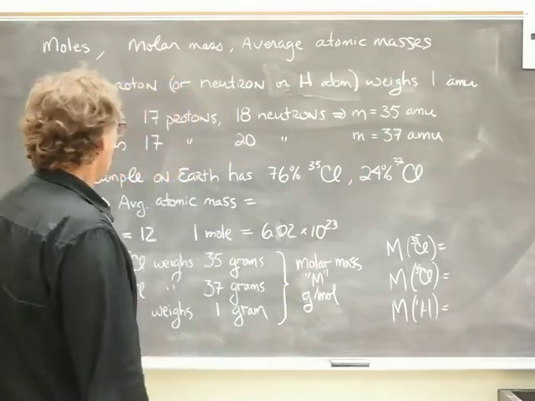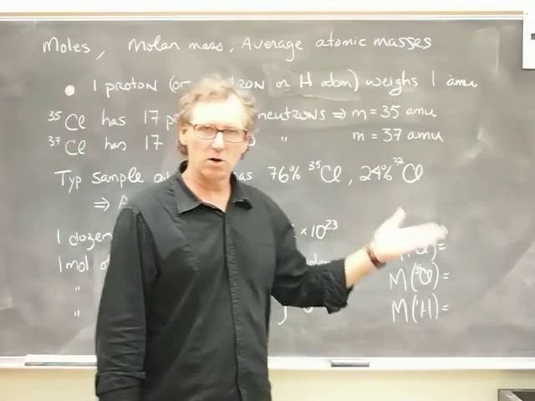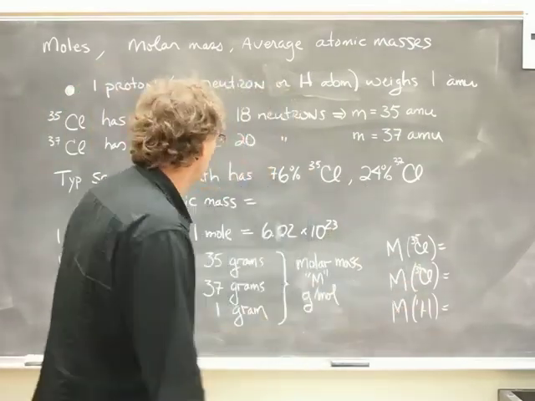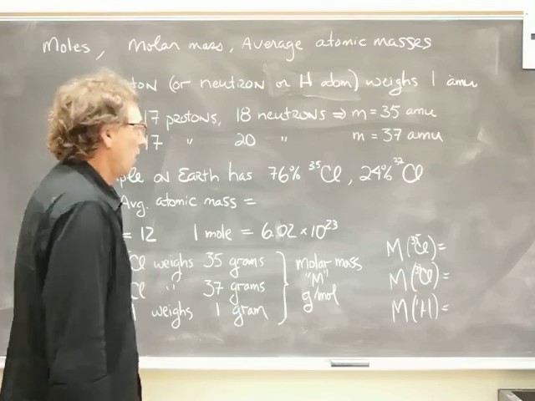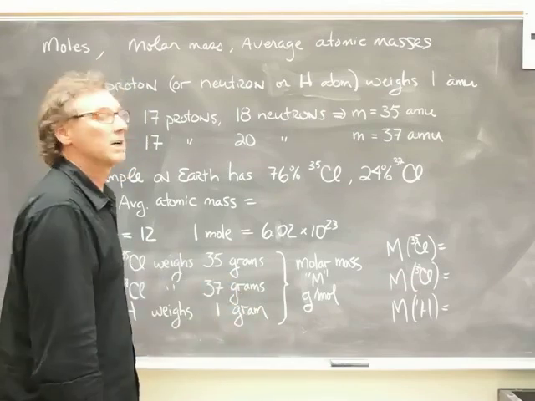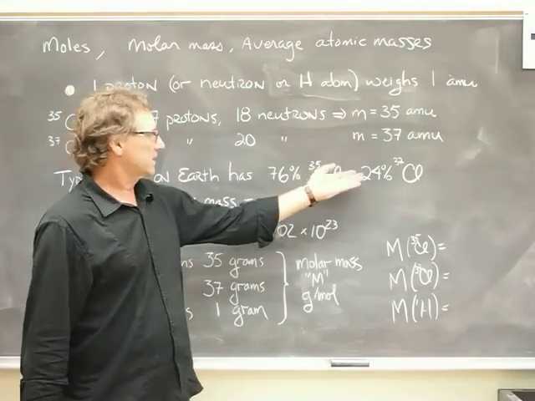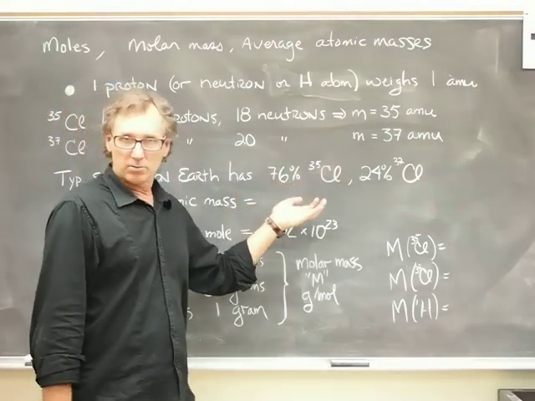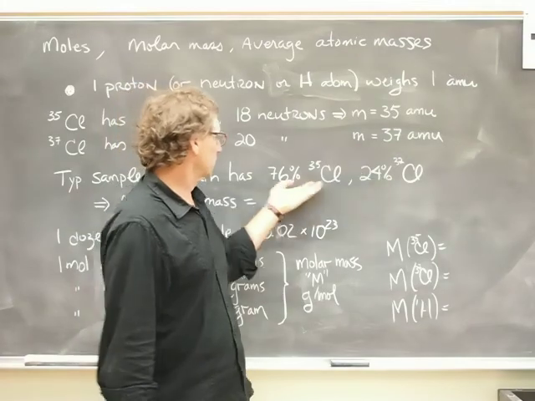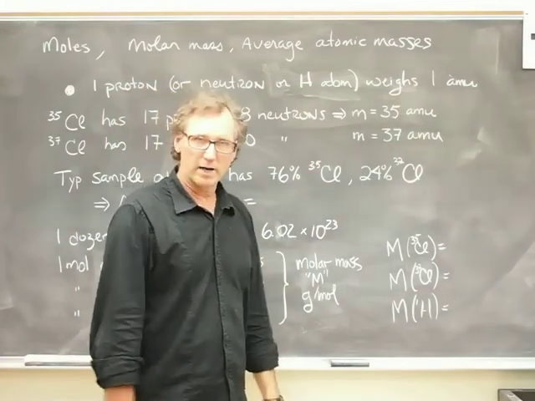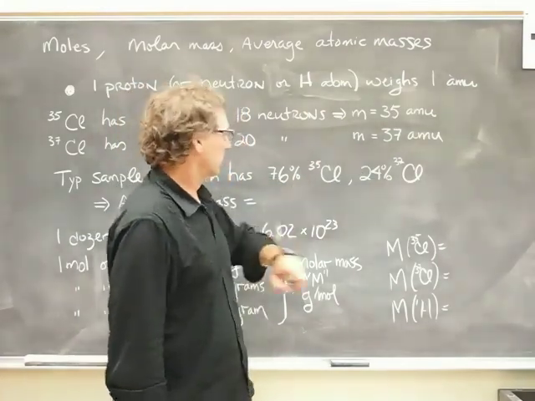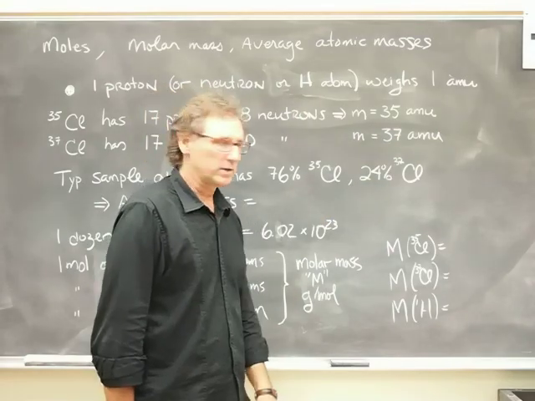Okay? So, what's the mixture on Earth? If somebody hands you a bag full of chlorine atoms, what's the average chlorine atom going to weigh? Well, it turns out that on Earth, 76% of the chlorine atoms are chlorine-35 and 24% are chlorine-37.